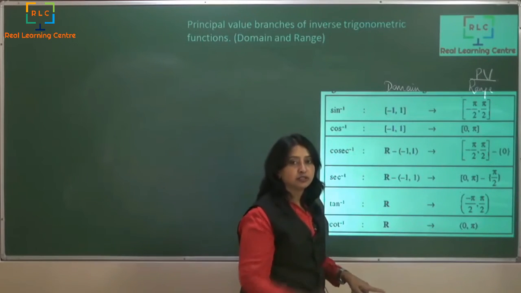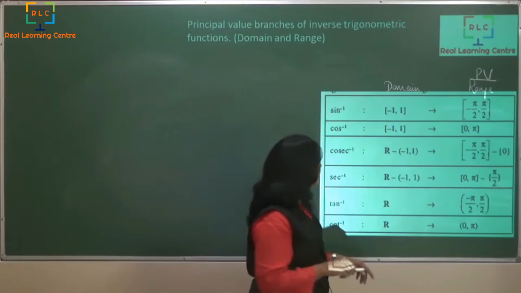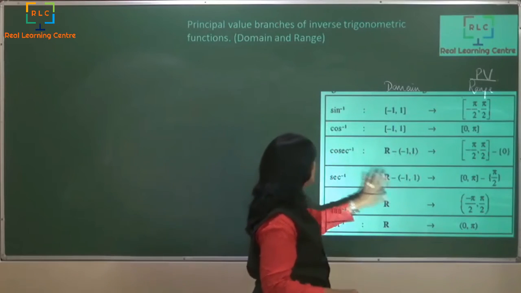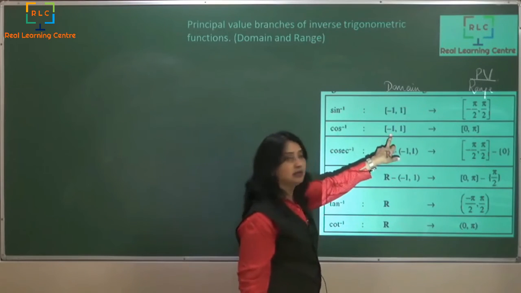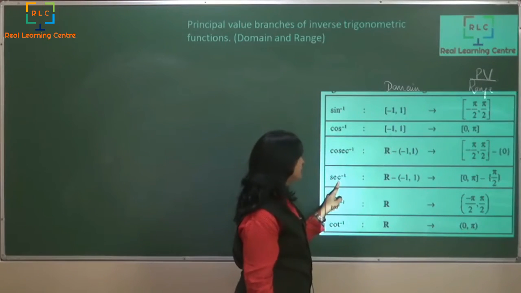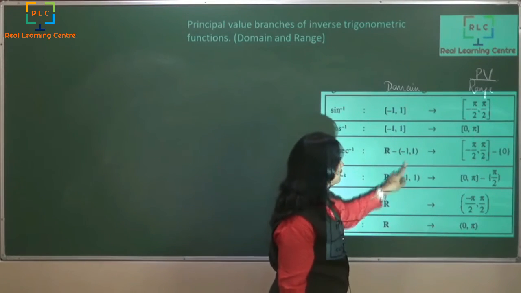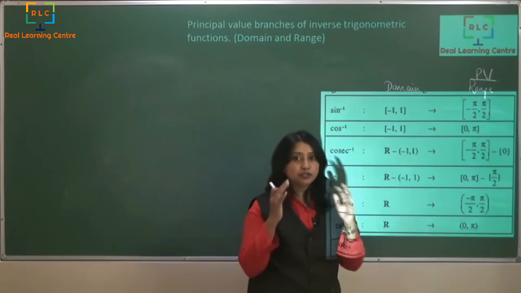So they touch at that particular point, and the in-between values are not taken by cosecant inverse. Similarly, the same thing will hold good for secant also, because cos also has the same domain. So what is the domain for secant inverse? R minus, see, these two are same. So I want you to remember like this.